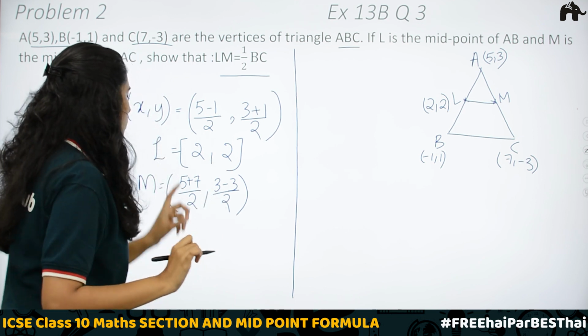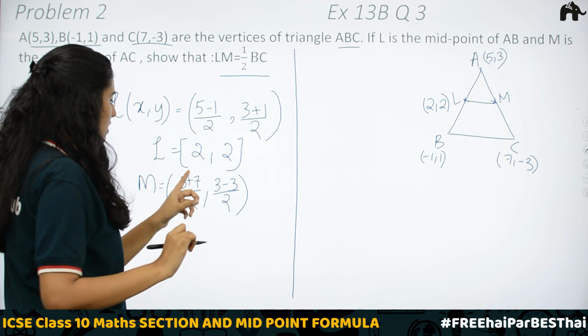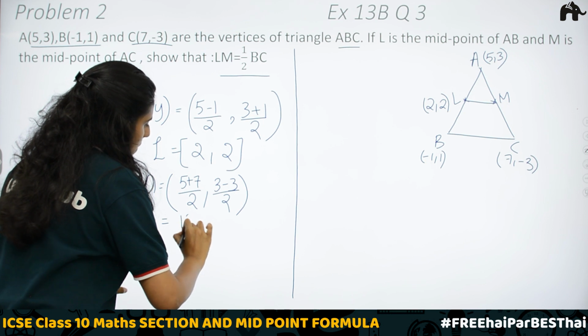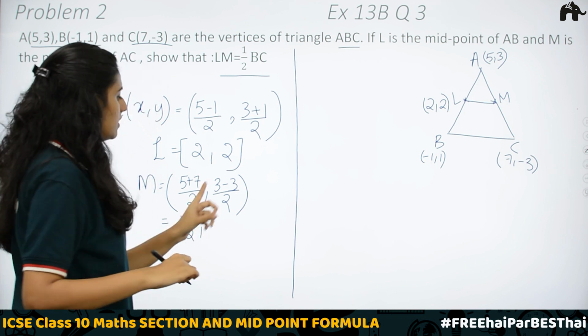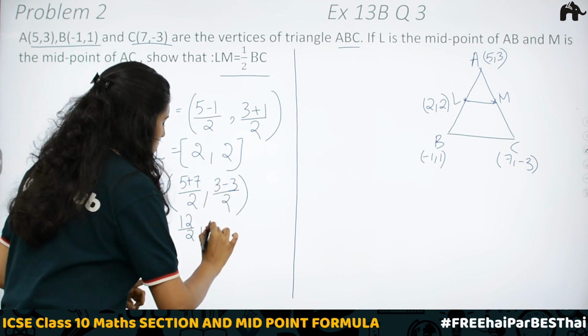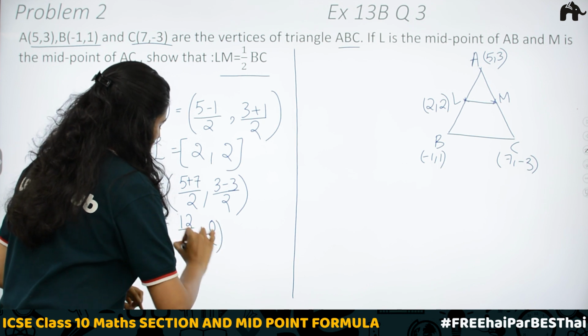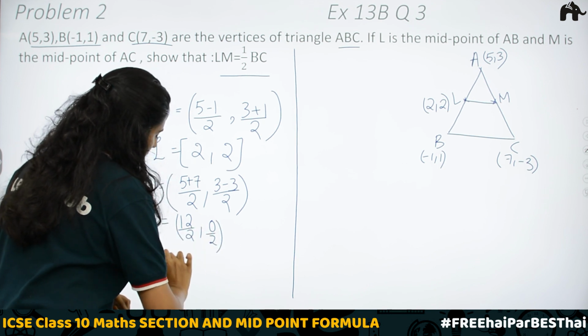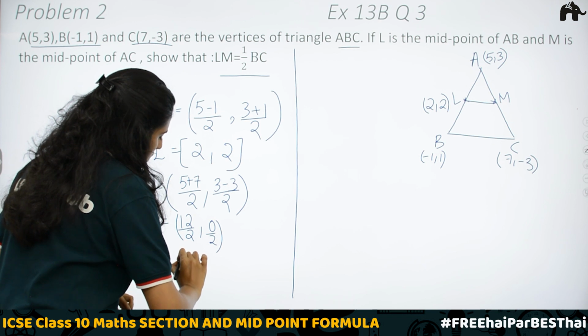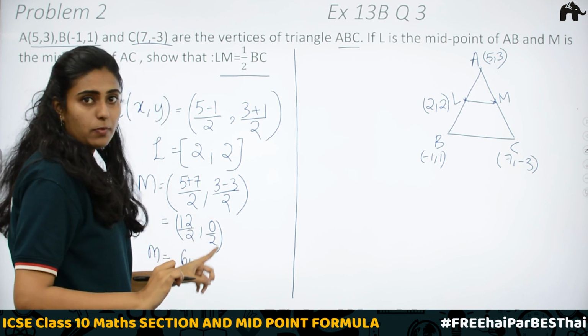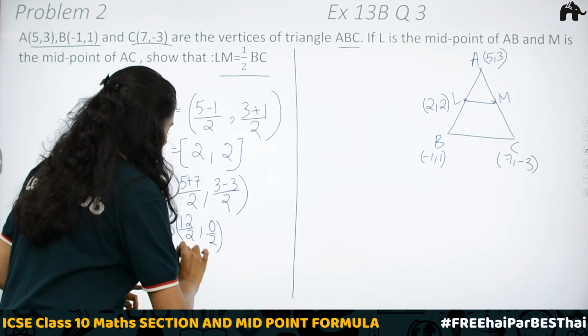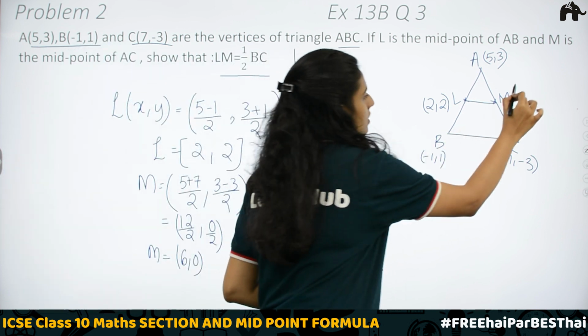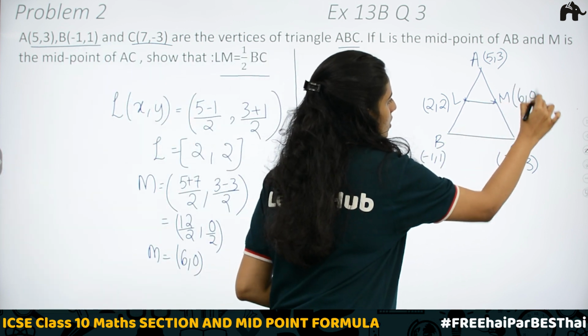That is equal to 5 plus 7, we get 12, 12 by 2, 3 minus 3 is 0, 0 by 2. Then what are the coordinates of M? 12 by 2 is 6. 0 by 2 is 0. We got the coordinates of M as (6, 0).